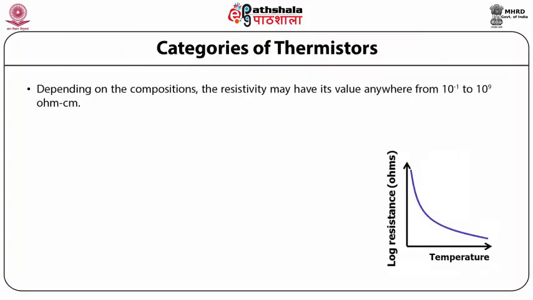In some cases, the resistance decreases by 5% for each 1 degree Celsius rise in temperature, making it more sensitive and hence useful for precision temperature measurement. Depending on the composition, the resistivity may have a value anywhere from 10 to the power minus 1 to 10 to the power 9 ohm centimeter.